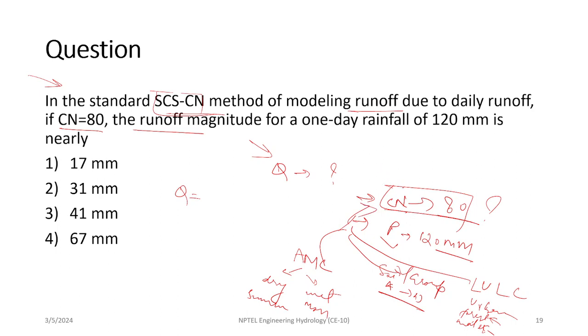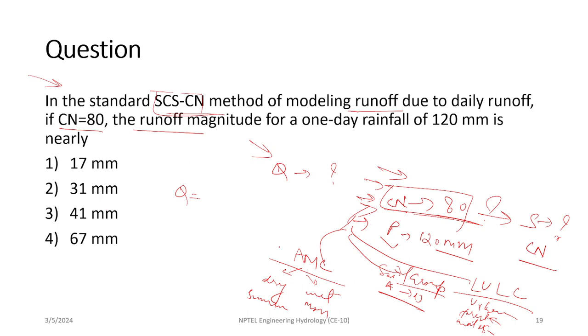But for saving our time, the CN value has already been given here. So we don't need to look at these tables to figure out the CN value. Now CN is given for what? It is given for computing the S value. As I mentioned in the previous question, for computing this S value you need an input parameter, that is CN.